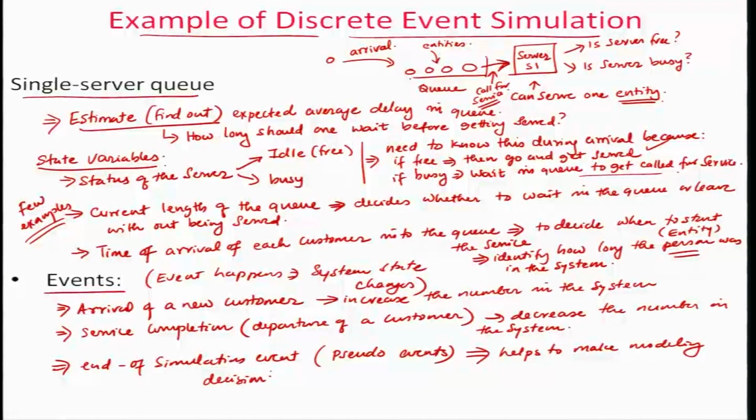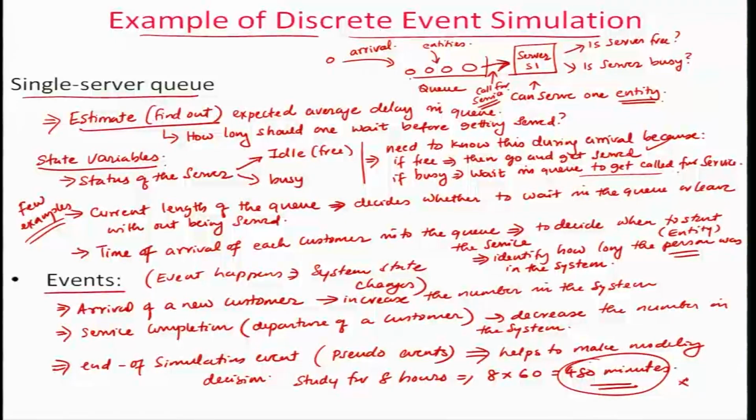If you say you want the bank simulated for 8 hours, which is 8 into 60, 480 minutes, the clock keeps on ticking, and as soon as you reach 480 minutes, stop the study. When this happens, you see the reports and other things. This is not an actual event, it is a pseudo event which allows you to make what we call the modeling decision of the system.